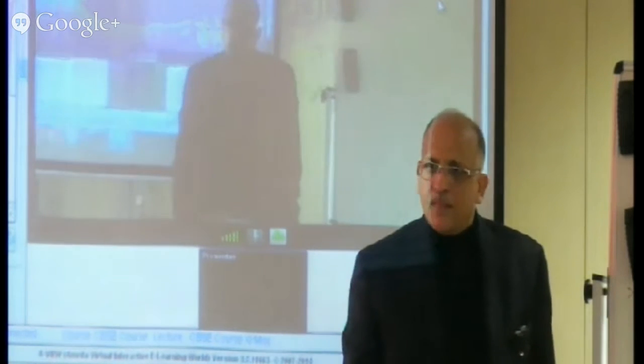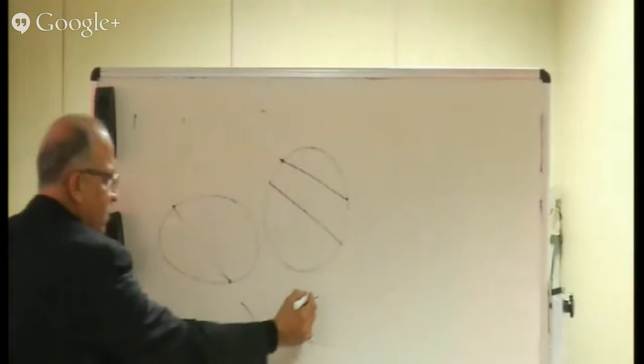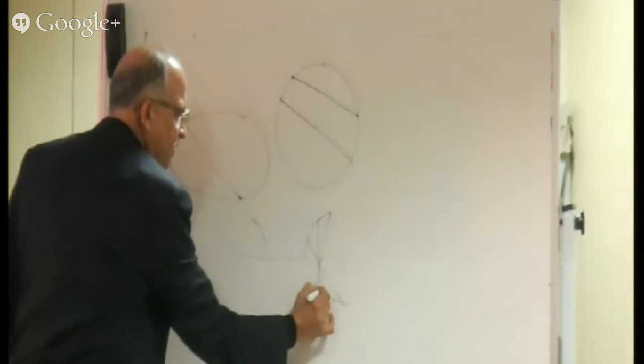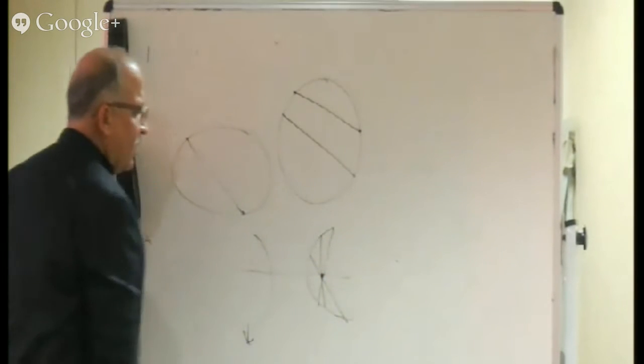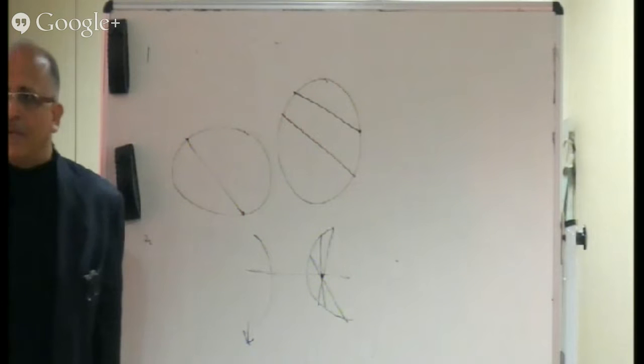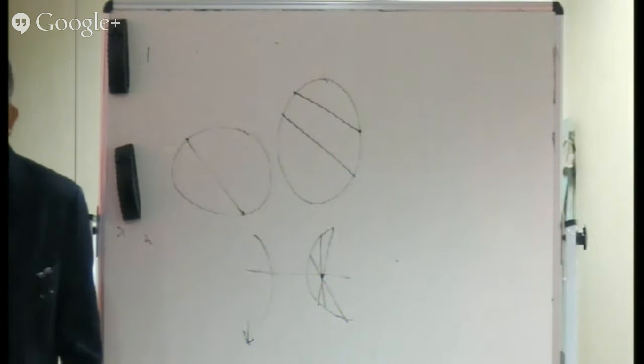Similarly, when you are talking of a hyperbola, any chord passing through the focus is called a focal chord. So how many focal chords can there be? Infinite. Anything passing through this one. But only one of them will be perpendicular to the x-axis or parallel to the directrix.